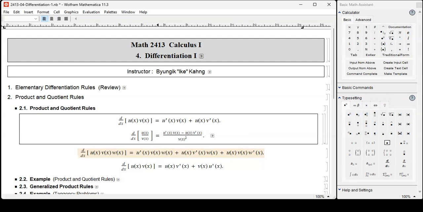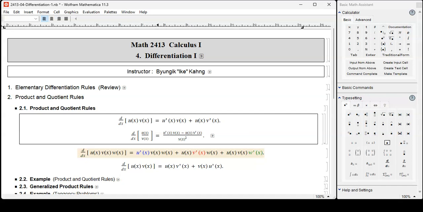You can easily extend it like this. The derivative of the first function and then the others, and then the derivative of the second function and the others, and the derivative of the third function and the others.